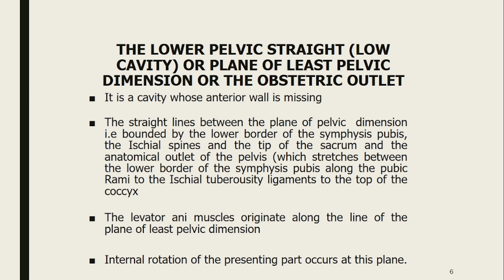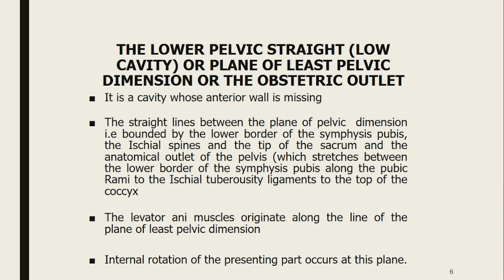The anatomical outlet of the pelvis stretches between the lower border of the symphysis pubis along the pubic rami to the ischial tuberosity and to the top of the coccyx. These are the boundaries of this lower pelvic strait.